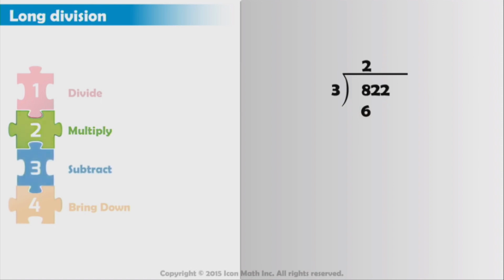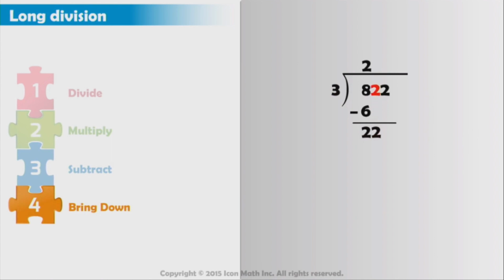Our third step is to subtract. 8 minus 6 equals 2. After subtracting, we notice that we cannot evenly divide 2 by 3. So, we bring down the next digit from our dividend.